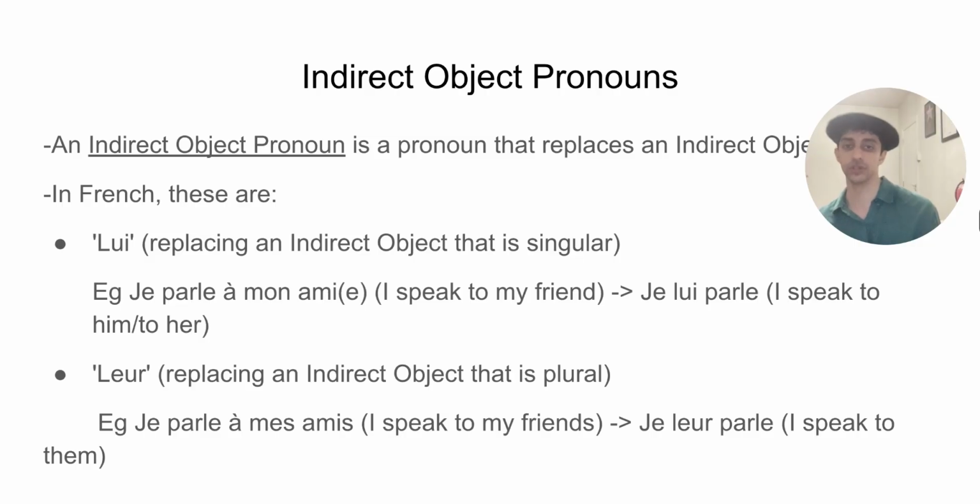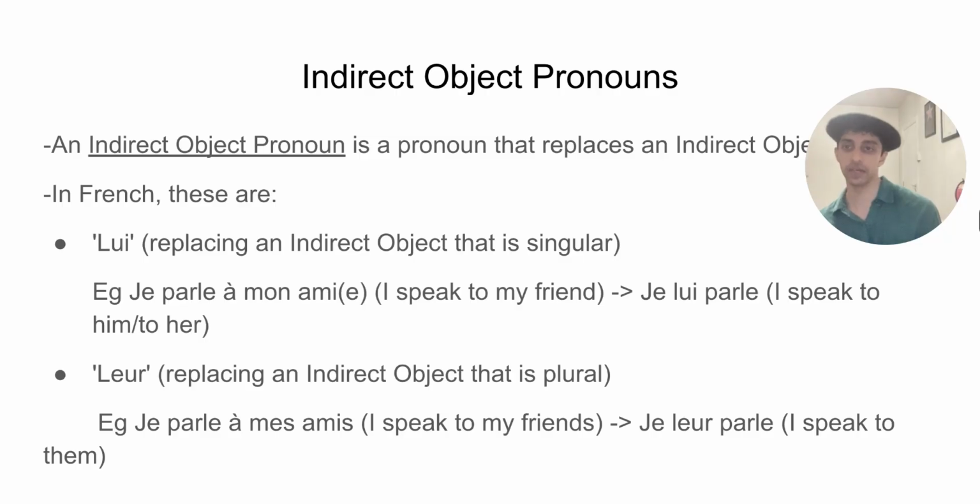So it would become je lui parle, I speak to him or to her. We would replace it with lui because mon ami, my friend, is singular. So it's a singular indirect object and therefore can be replaced by the indirect object pronoun lui, which again, just like the direct object pronouns, comes just in front of the verb usually.